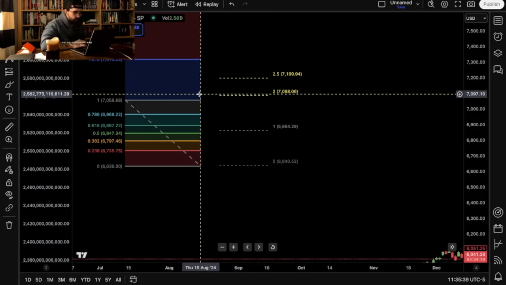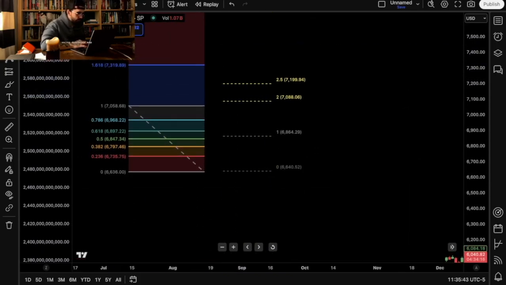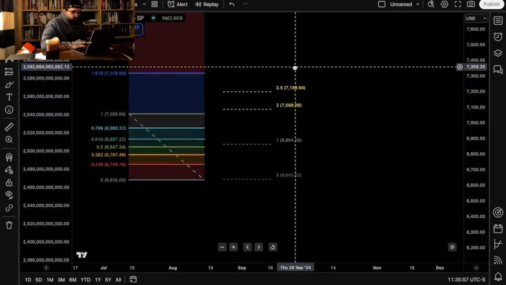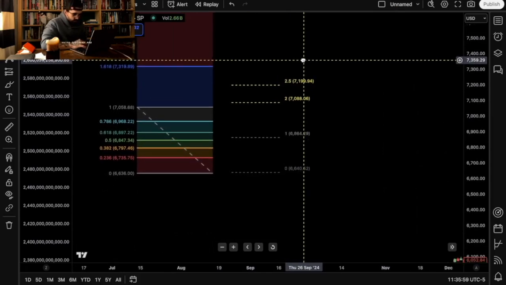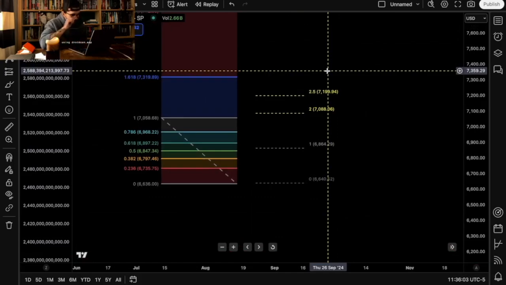Today we're going to be going through the Fibonacci retracement tool over here on the left hand side. This video is pretty much just going to break down how to apply it to actual trading scenarios, how to draw it properly so you get accurate levels.